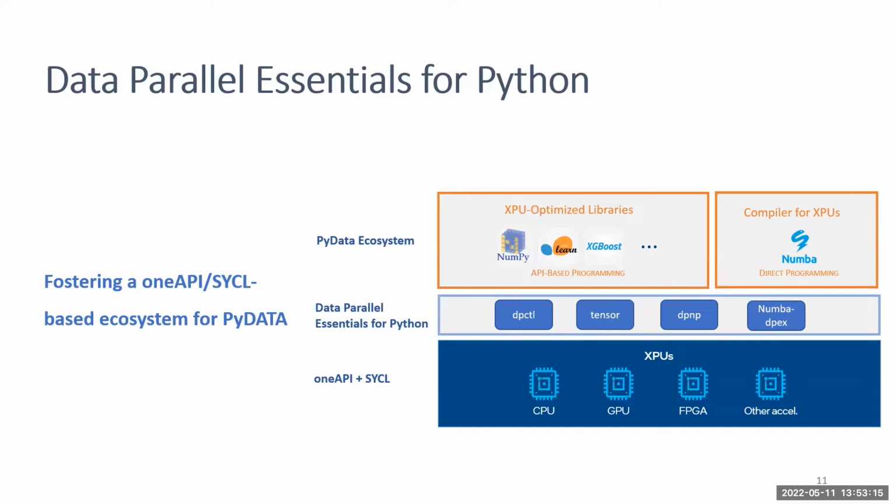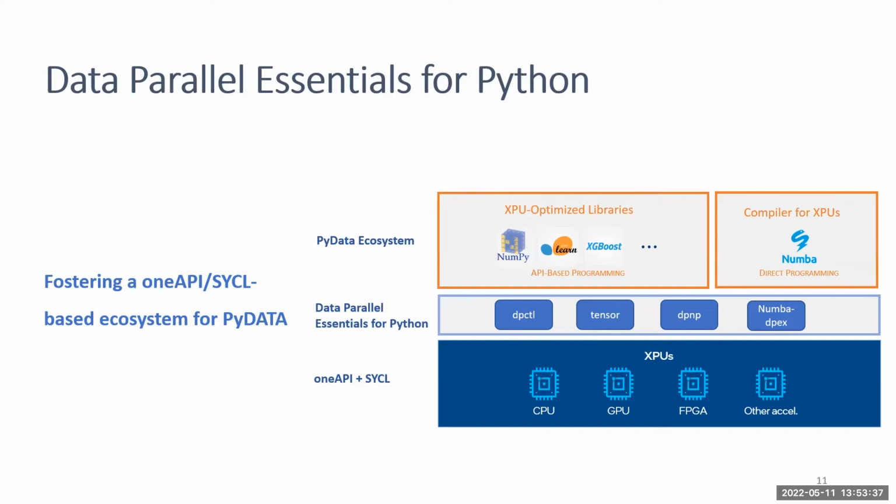Khronos SYCL has heterogeneous and parallel computing capability, and what this offers is a wrapper around SYCL. So Python programmers can develop parallel applications using Data Parallel Essentials for Python.